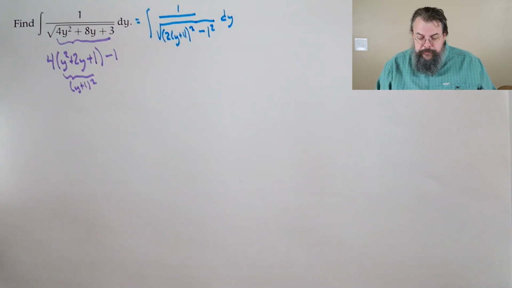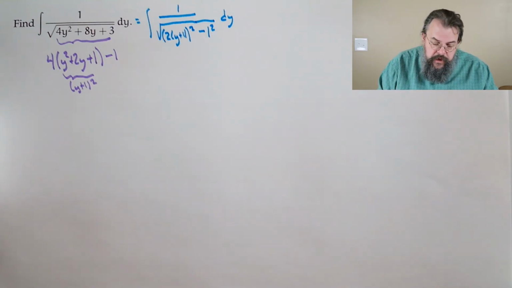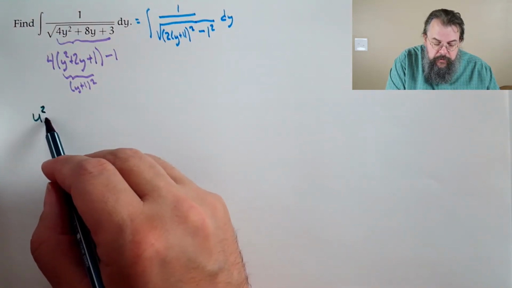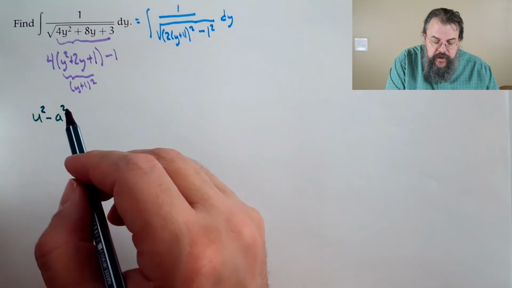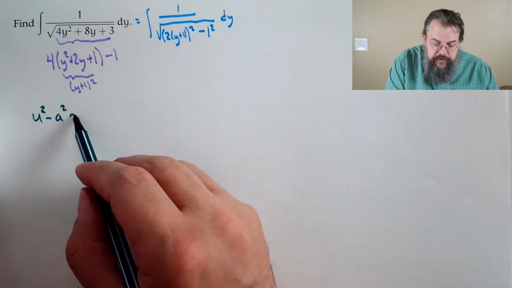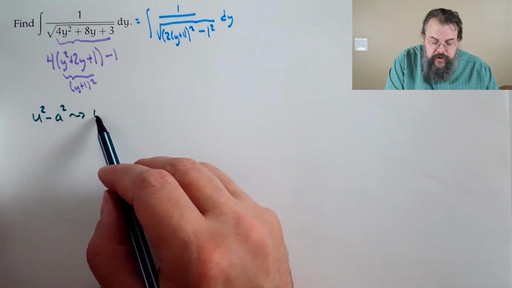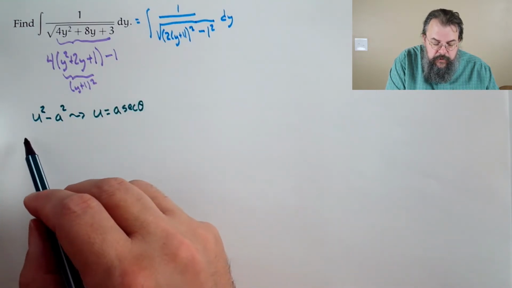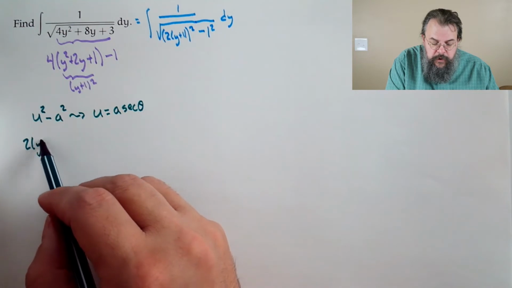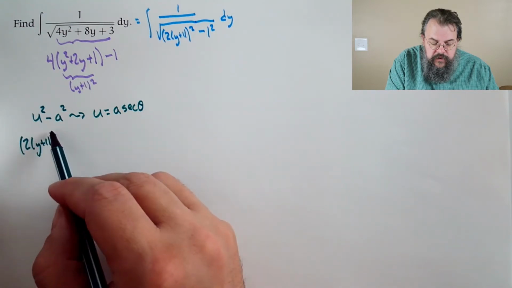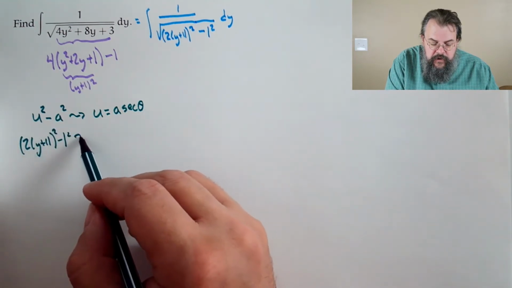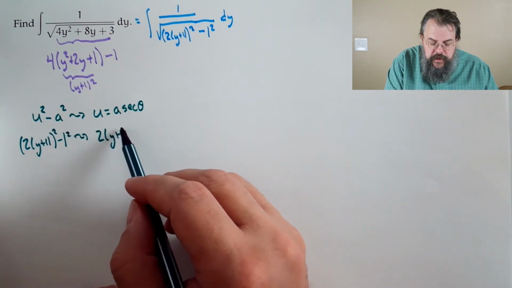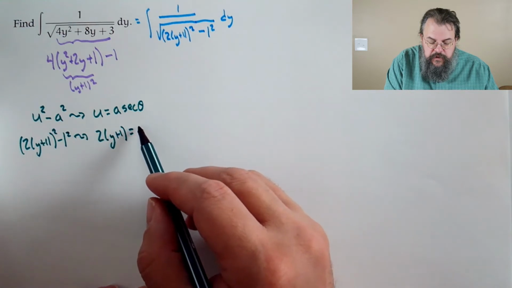What do we need to do? Well, what do we have? We have variables squared minus numbers squared. Now, in that kind of substitution, this is where we want to substitute in secant. So in our case, we have 2 times y plus 1 squared minus 1 squared. So we say, all right, 2 times y plus 1 should be equal to secant theta.